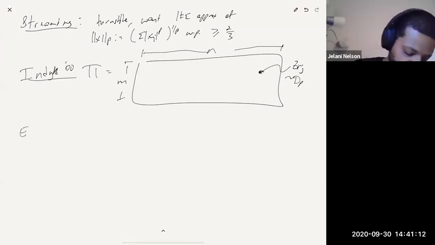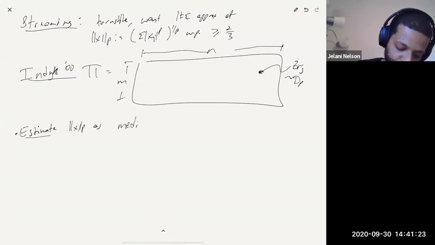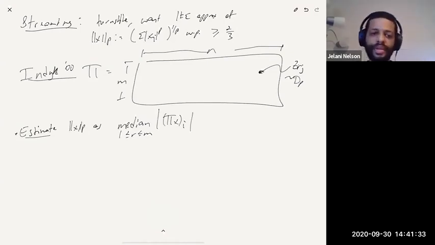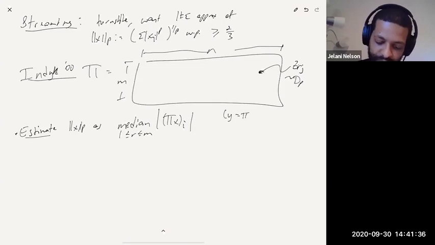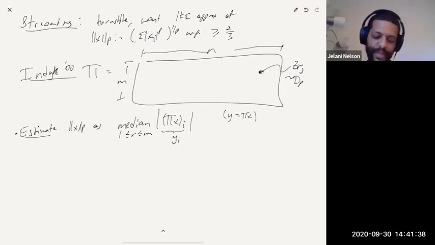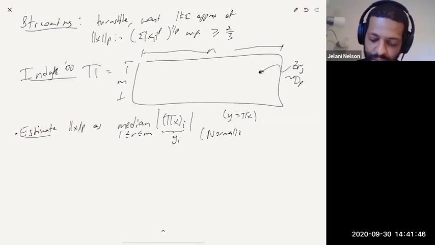What you do is estimate the LP norm of x as the median entry of the absolute values of pi x. Let's say y is pi x, so this is just yi. That was his algorithm, properly normalized, so you normalize dp so that this is true.